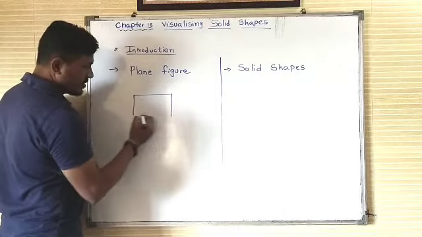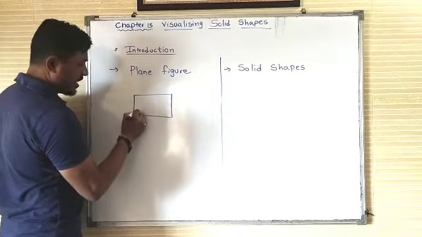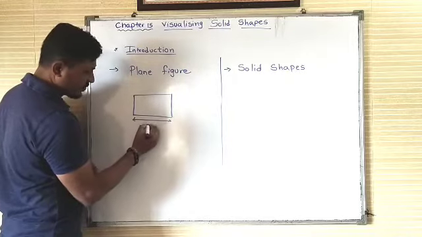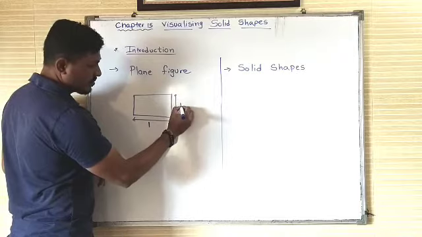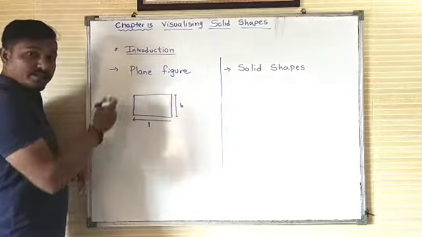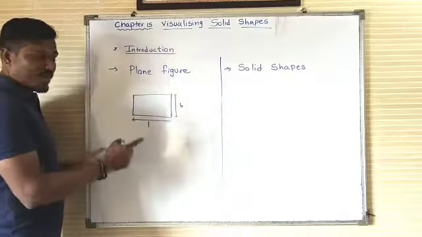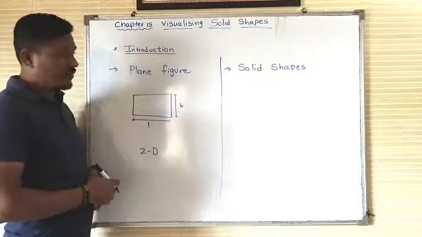This is a rectangle. And how many dimensions does it have? This is the length and this is its breadth. So in short, we can say that a plane figure has two dimensions, shortly written as 2D.